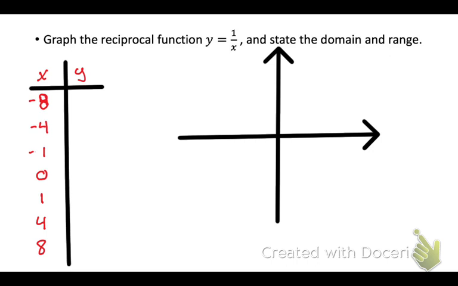So these are the x's, so I'm just going to plug them into that equation and get out y's, right? So if my x is negative 8, 1 over x would be what? Negative 1/8. And then the next one would be negative 1/4.